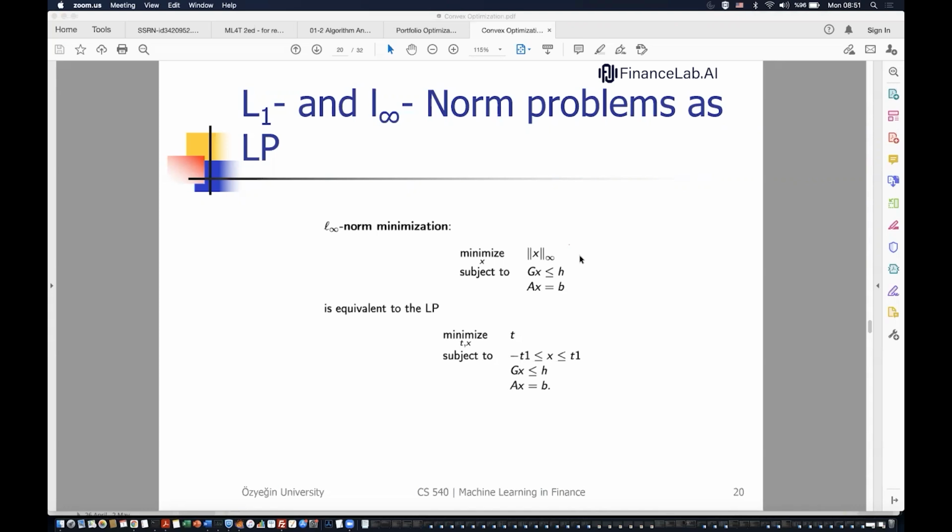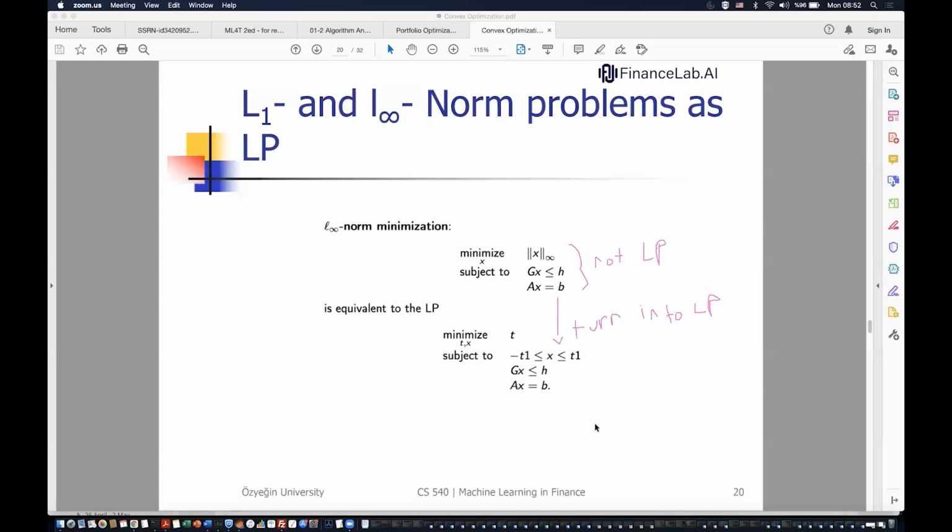In this form, this doesn't look like an LP. However, since we know that the infinity norm is the maximum value among the entries, we can turn it into an LP as below.